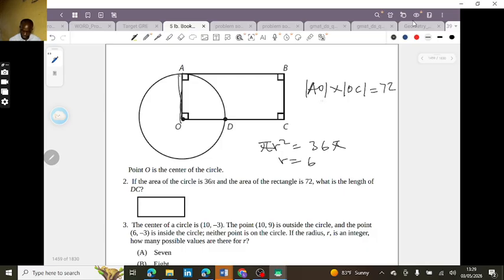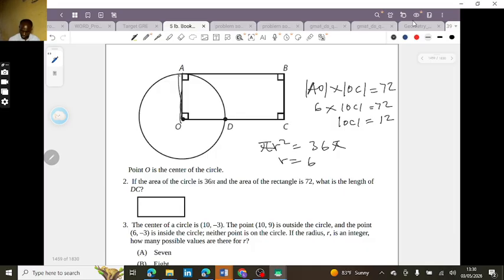AO is 6, so 6 times line OC equals 72. OC equals 72 divided by 6. 6 times 10 is 60. 6 times 12 is 72. So OC is 12. AB is also 12.